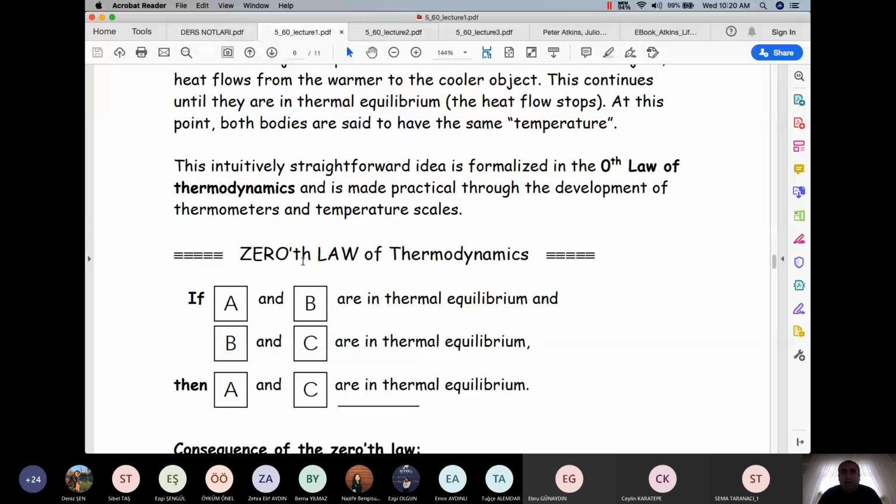So this is the idea that you can have a third object. Let's say the second object is our thermometer for now. We put the thermometer in A and measure the temperature, and once it comes to equilibrium with A, you know the thermometers, right?